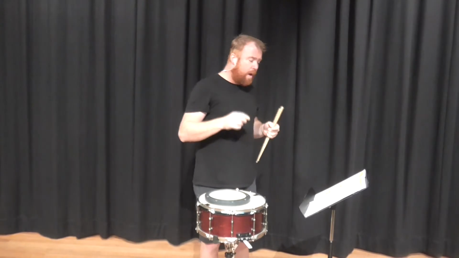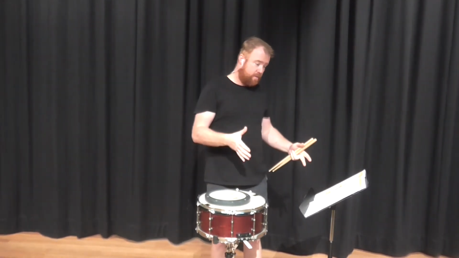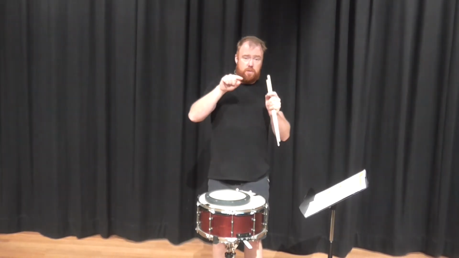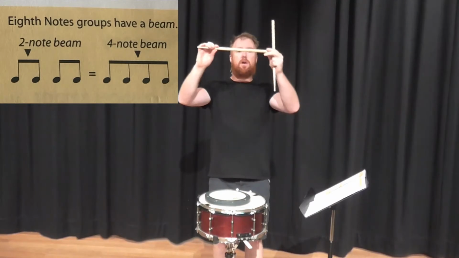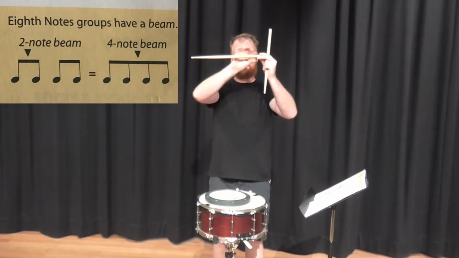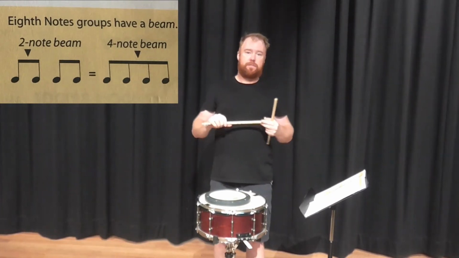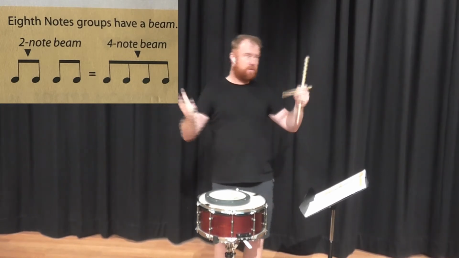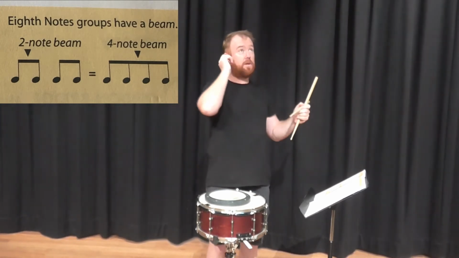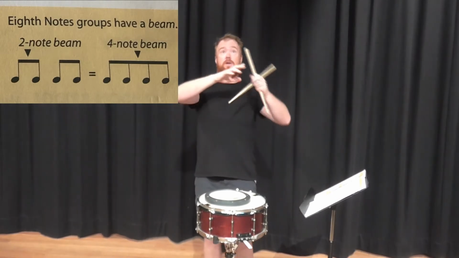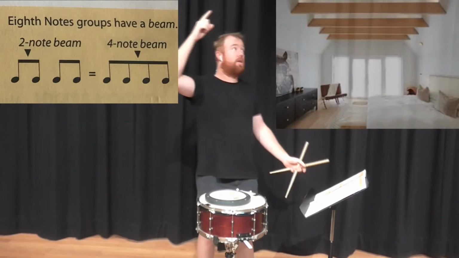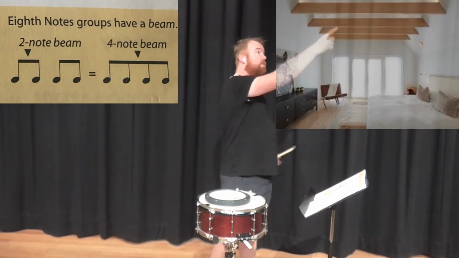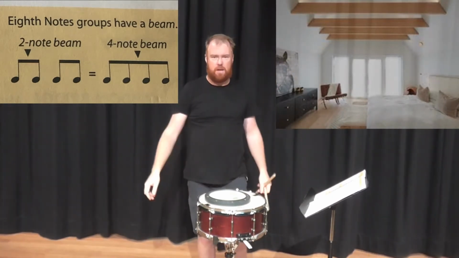Now, when eighth notes are grouped together, what we do is we give them beams. The beam is the line that goes horizontal. There's lots of beams in the world. If you have a look in your house, you might have exposed beams. They are the things that go horizontal to keep your roof up.